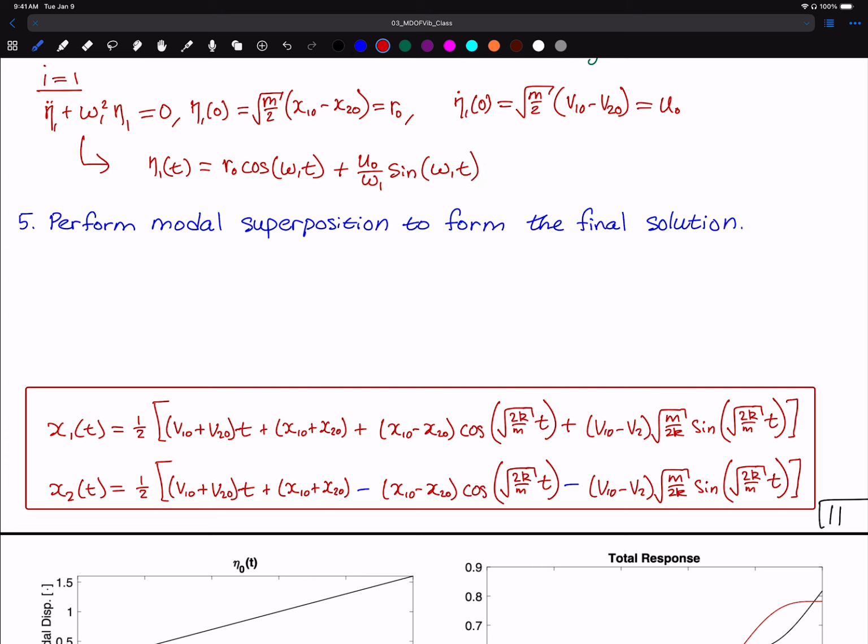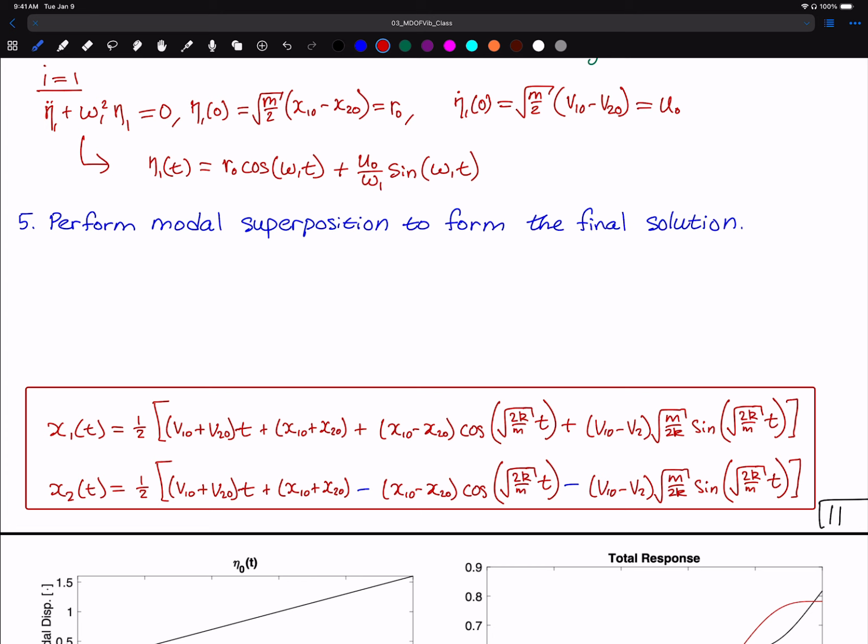And then we can go in and plug in what those are, u0, r0, as well as omega 1. For right now, I'm just going to skip that because it adds a lot of extra writing for no real reason, and we'll plug them in later.